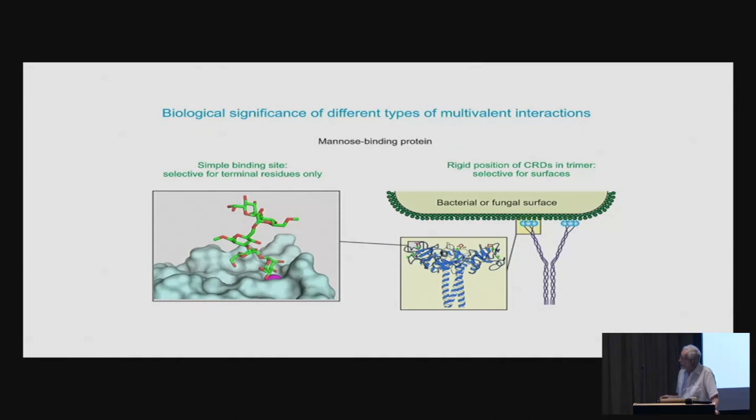Mannose binding protein consists, in the first instance, of trimers, which have three sugar binding sites. There's a very specific characteristic of the way those binding sites are held together, which is that they're absolutely rigidly positioned. This is not like an antibody where you have Fab domains that are flexible. This is absolutely rigidly interacting here, and you can see the three binding sites there.